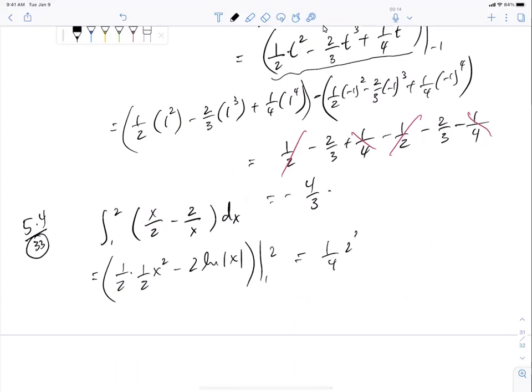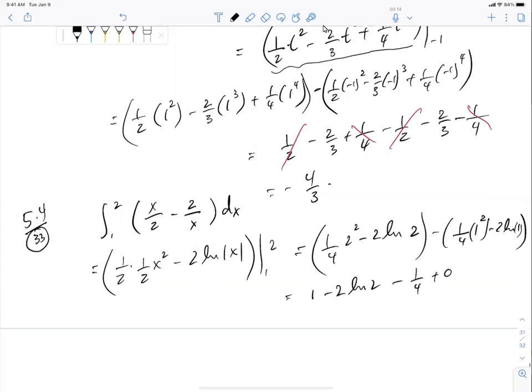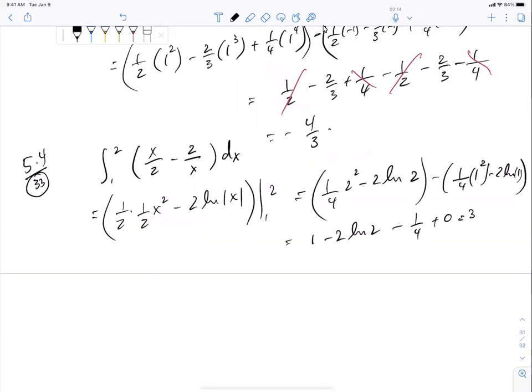So 1/4 times 2 squared minus 2 natural log of 2, minus 1/4 times 1 squared minus 2 natural log of 1. 4/4 is 1, natural log of 2, leave it as is. And natural log of 1 at the end is 0, which we don't care about. So 3/4 minus 2 natural log of 2 is your final answer for that.